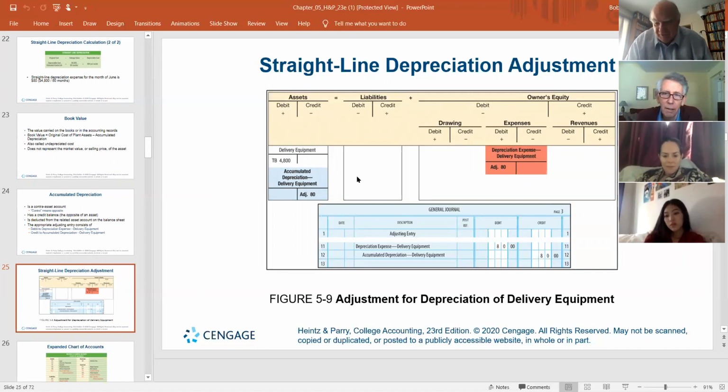Exactly right. It reduces your income without any cash being involved. Thus, you save some taxes, right? Let's say this is a big company. Let's say that's not $80, but that's $8 million. 30% tax rate, that company saved $2.4 million in taxes.